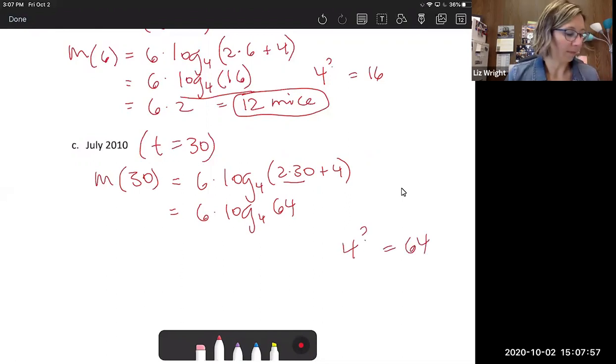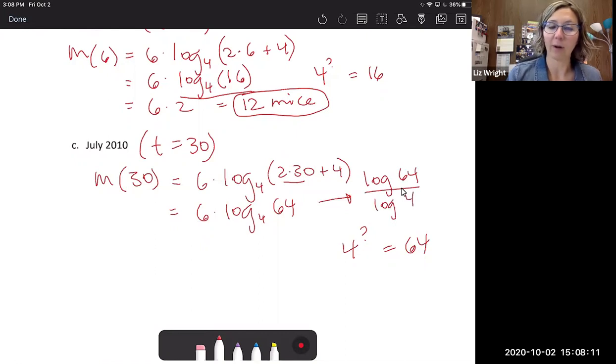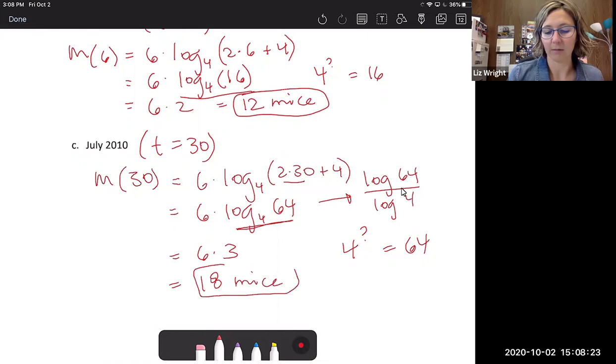You may not remember this one, but don't forget you can also use the change of base rule that we talked about in the previous video: log of 64 divided by log of 4. You don't have to guess and check, but you might already know it too. It's 3. So 6 times 3, and that's going to be 18 mice.